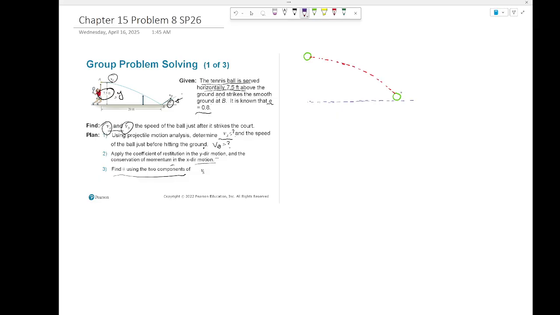And the velocity when it strikes back, that's my VB. When it starts, it has X direction velocity only, VA. I can put a note here: no Y direction initial velocity.